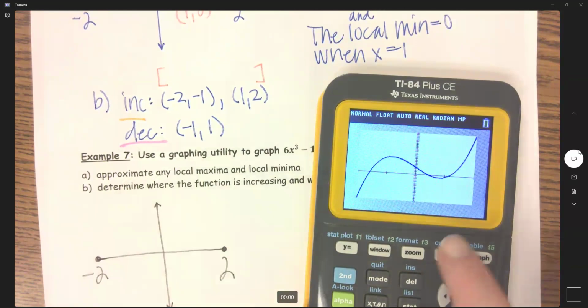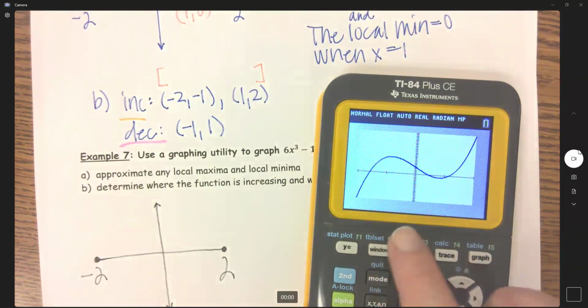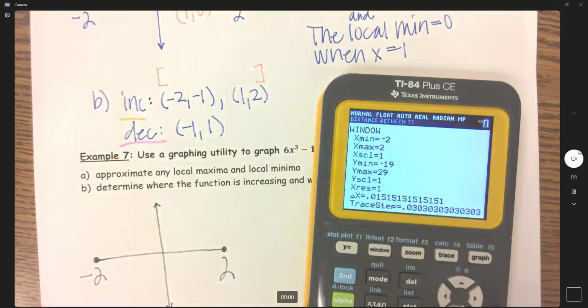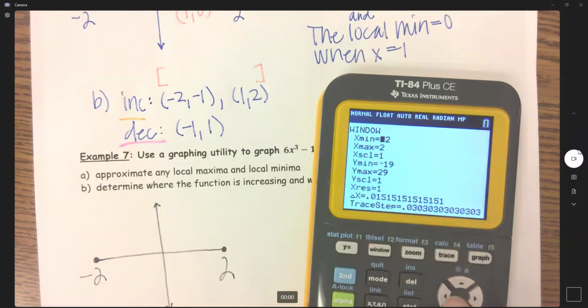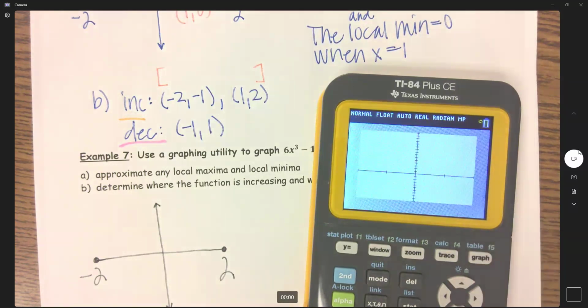And if you even want to go in a little bit more here, it went from -19 to 29. Let's just try maybe -10 to, where did it go to? Oh, right here, to 29. Let's just try 15 because that was way too big. Okay, so that's a little bit better of a graph for us.